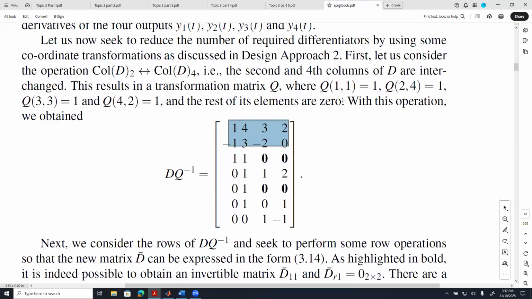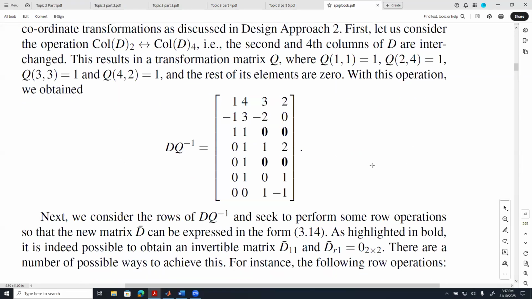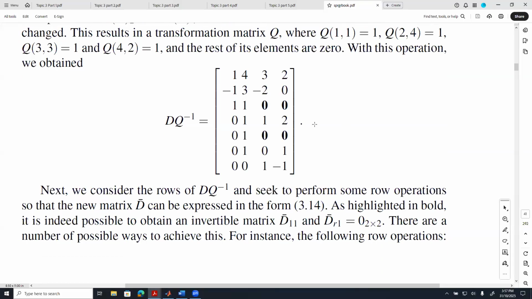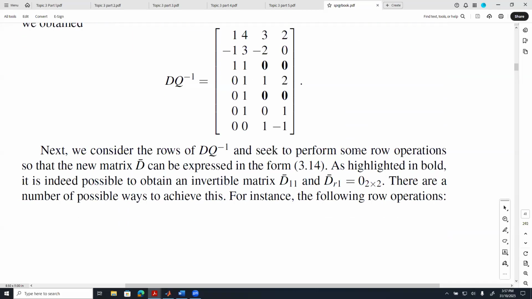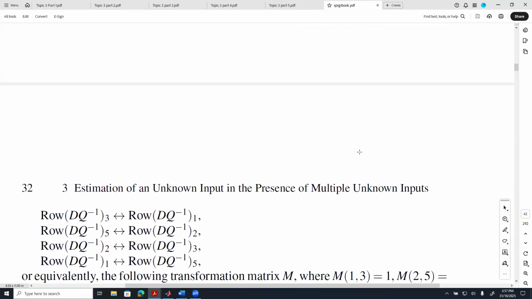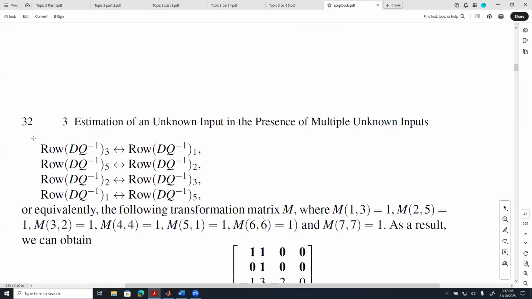Okay, so now we can see that there's something that we can do. We can rearrange the number of rows, and there are a number of ways to do it. What is explained in here is basically the row operations, where let's swap, move row number 3 into row number 1.